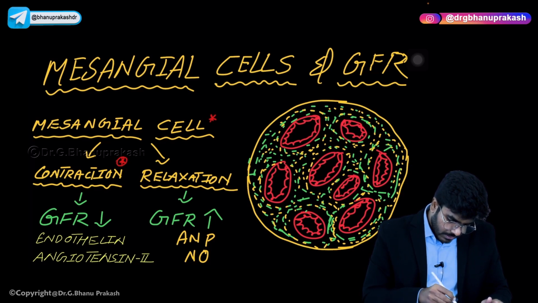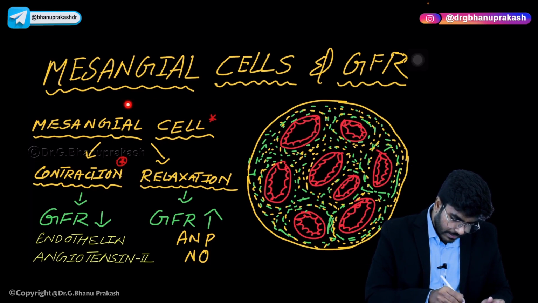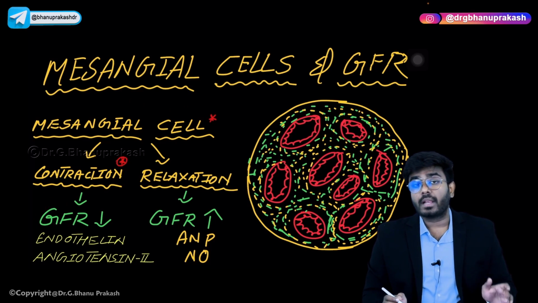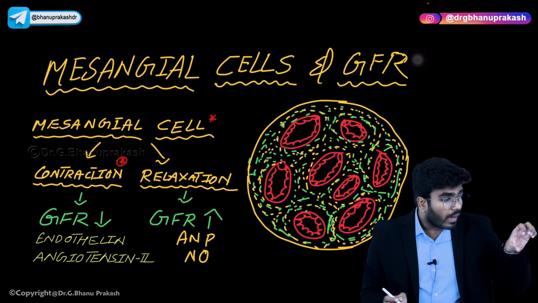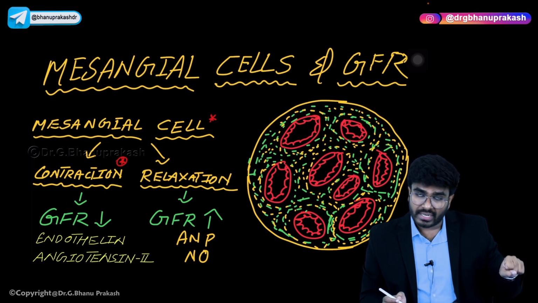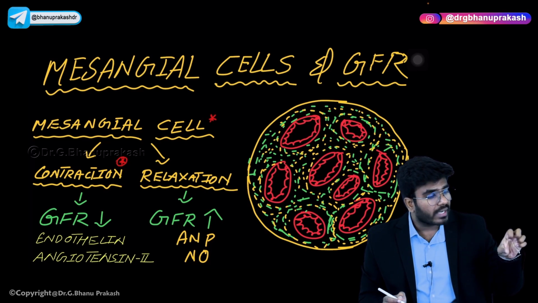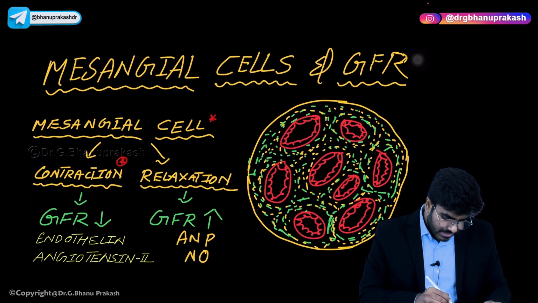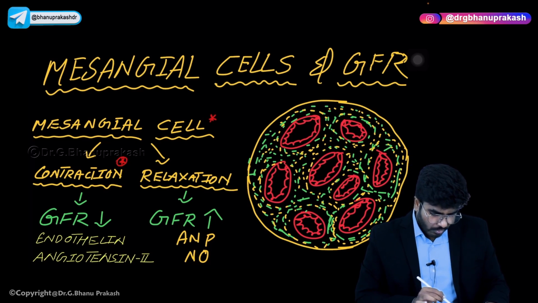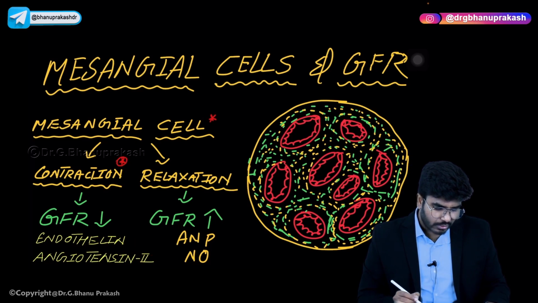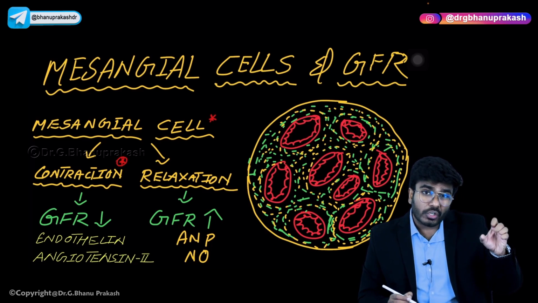So contraction of the mesangial cell will decrease the GFR. Now comes the question, sir, why are the mesangial cells getting contracted? Which substances can cause contraction of the mesangial cells? Mesangial cell contraction is because of endothelin and angiotensin 2. These two substances can cause contraction of the mesangial cells and decrease the GFR.